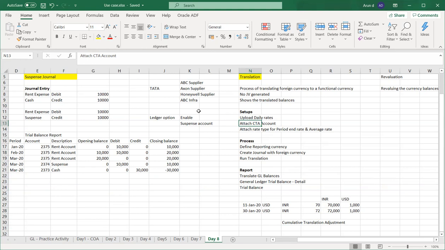From there, the system will pick it up and post it. But this process will not generate a journal entry, whereas in the revaluation, this will generate a journal entry.